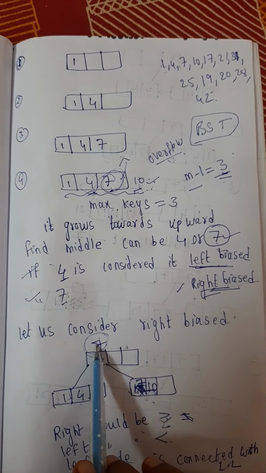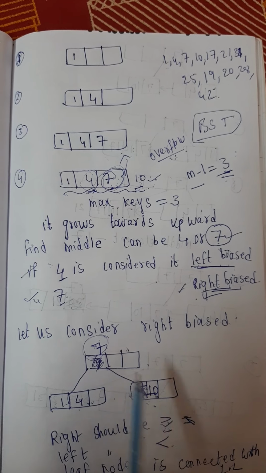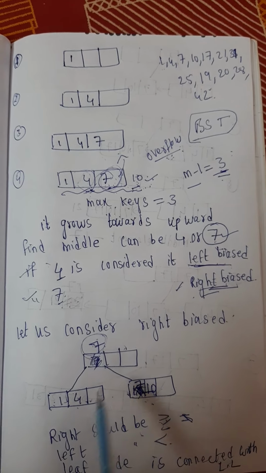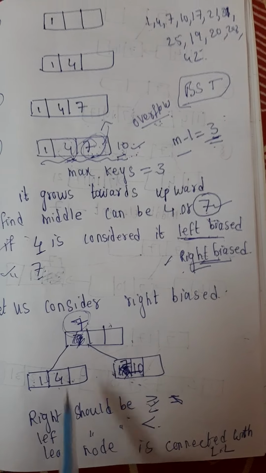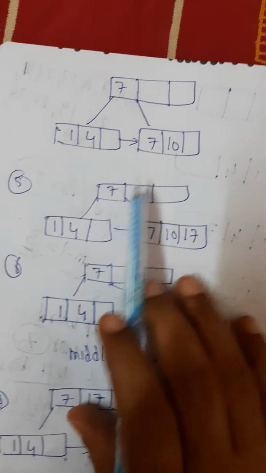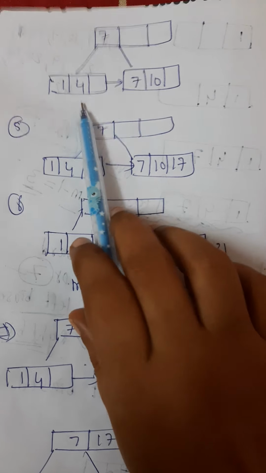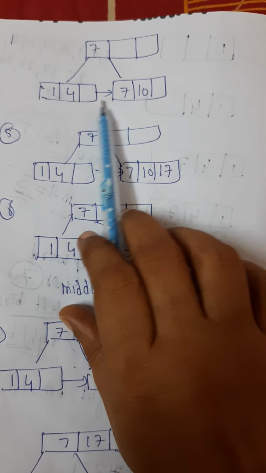According to the B plus tree property, the leaf node should only have the data. So the leaf nodes should be connected with the help of a linked list. I'll just show you again. This is the data we have, and this leaf node and this leaf node have the linked list between them.